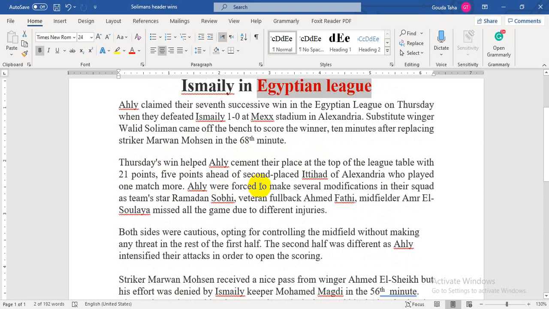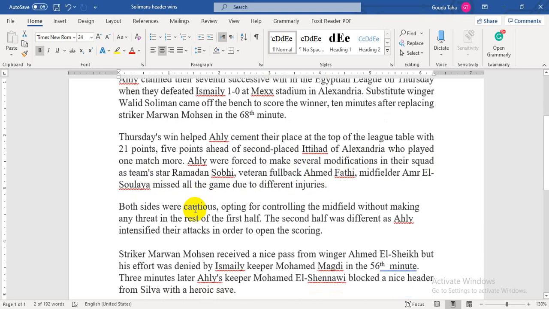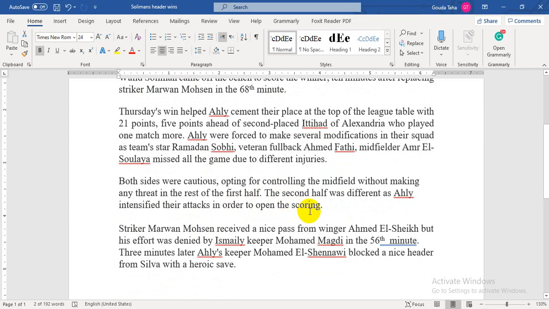Ahly were forced to make several modifications in their squad as team star Ramadan Sobhi, veteran fullback Ahmed Fathi, midfielder Amr Sulaya missed all the game due to different injuries. Both sides were cautious, opting for controlling the midfield without making any threat in the rest of the first half. The second half was different as Al Ahly intensified their attacks in order to open the scoring.